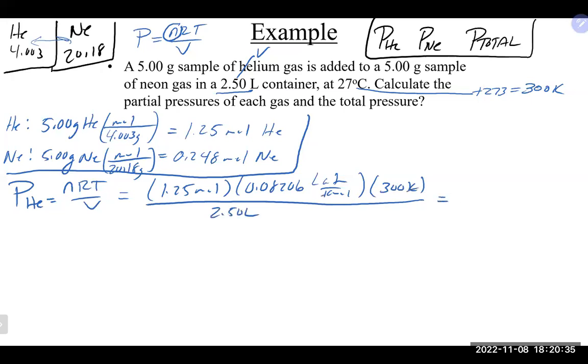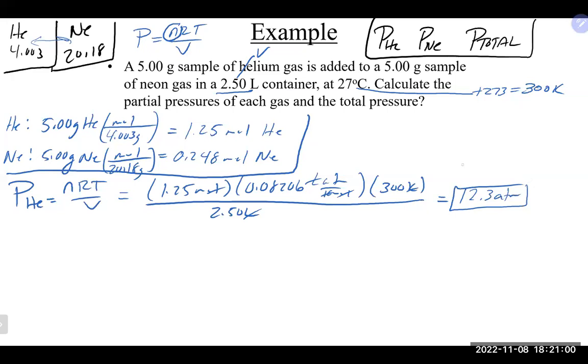All the units cancel except for atmospheres, which is good because we're looking for a pressure. So we end up with 1.25 times 0.08206 times 300 divided by 2.5. We get 12.3 atmospheres.